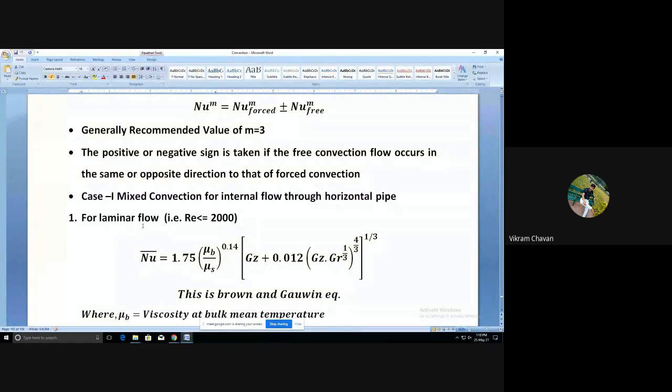First, for laminar flow: laminar flow will be considered when the Reynolds number is less than or equal to 2000.